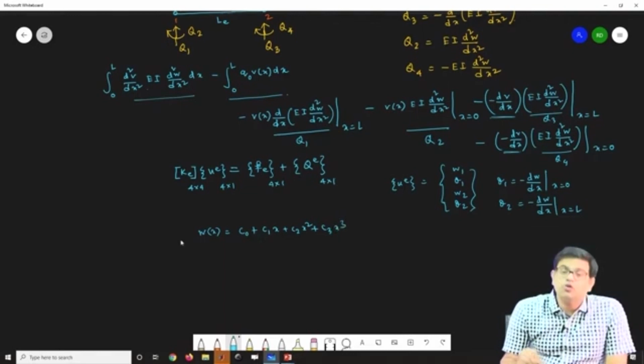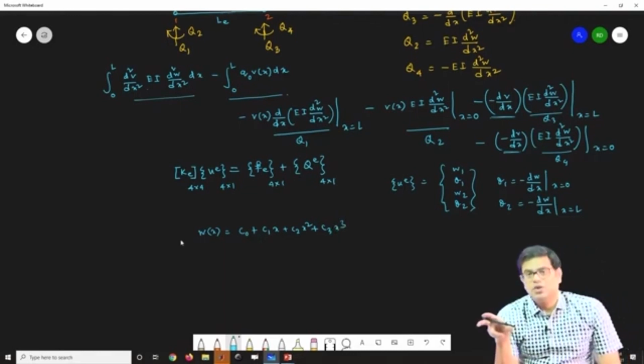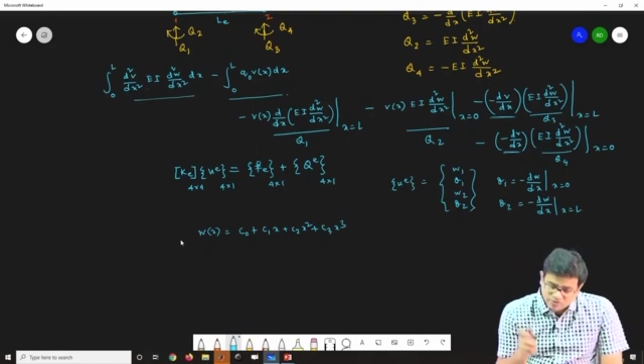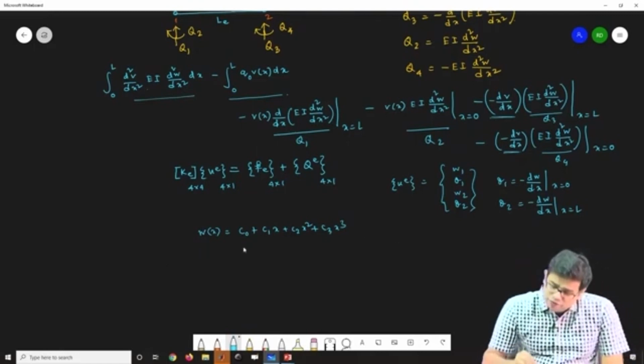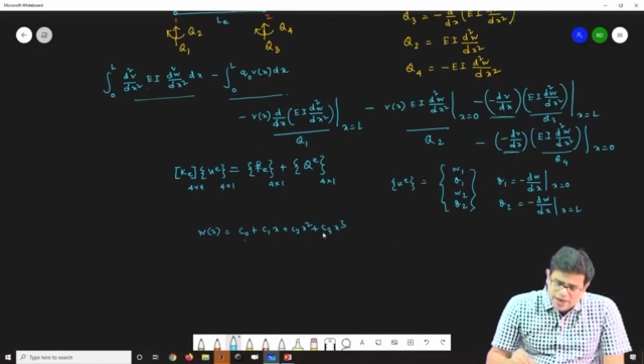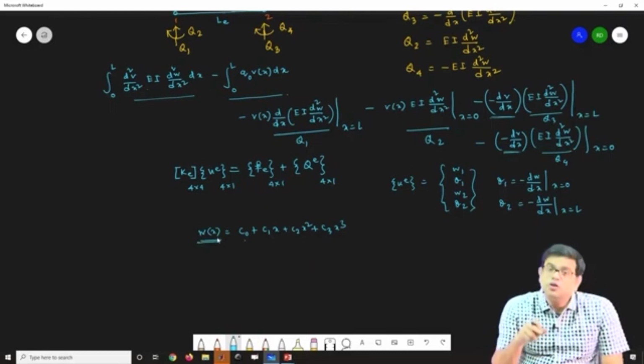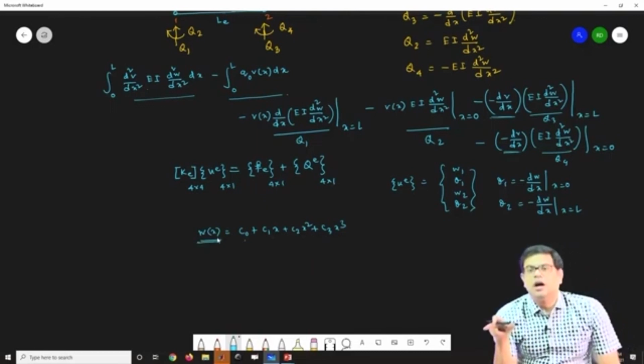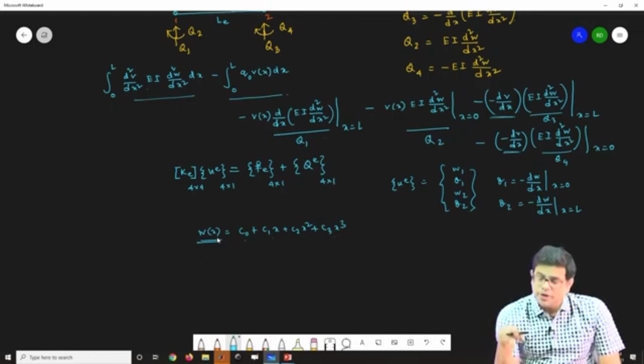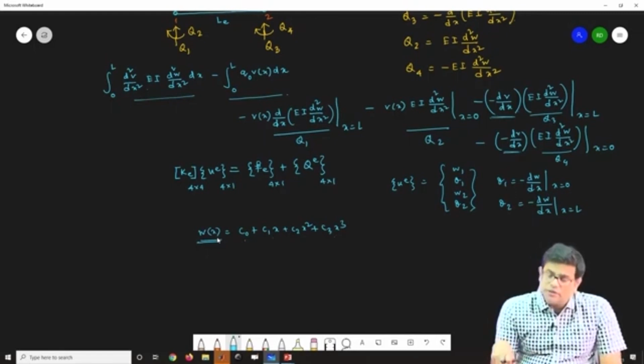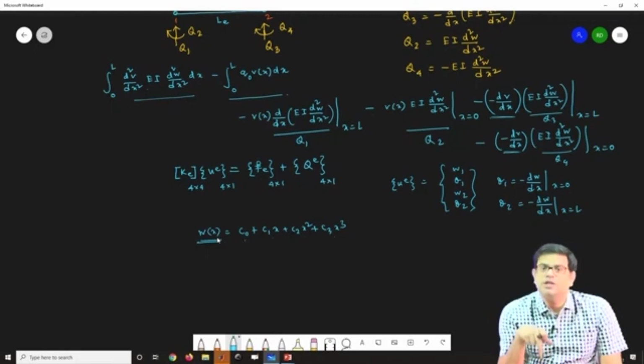That gives me 4 constants, but I will have interpolation only about W, not the slope, because I cannot invoke this condition in the case of a Lagrange polynomial.